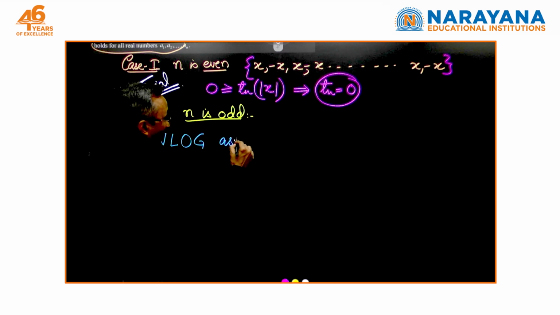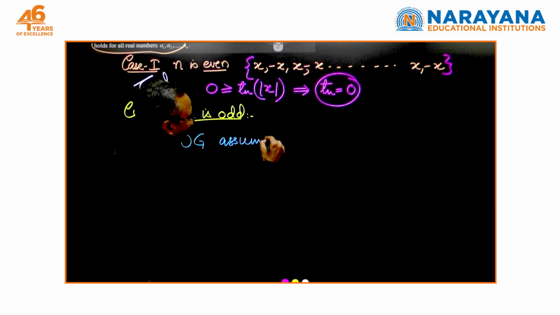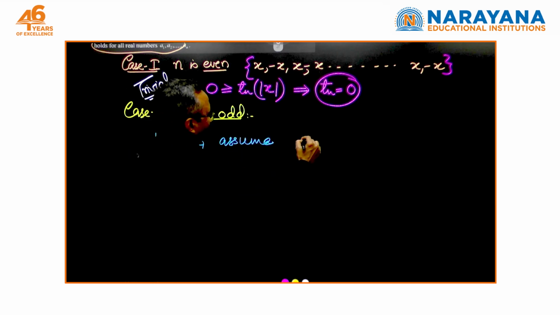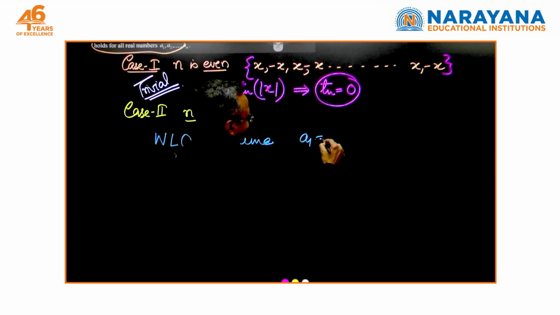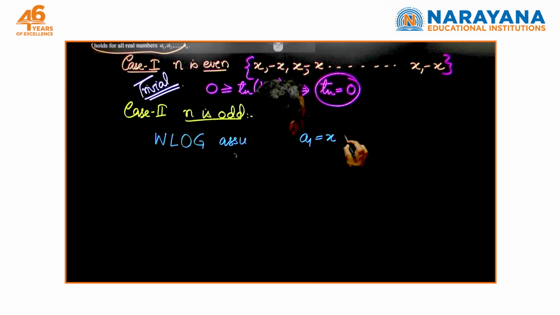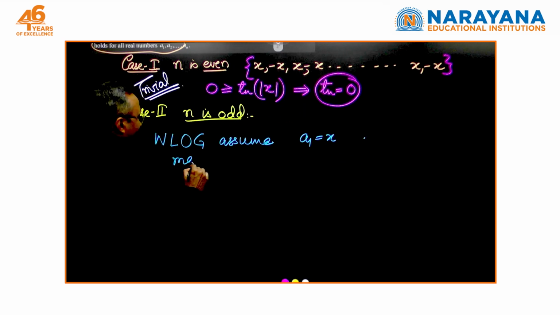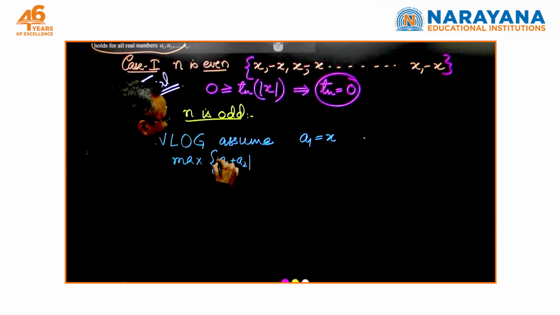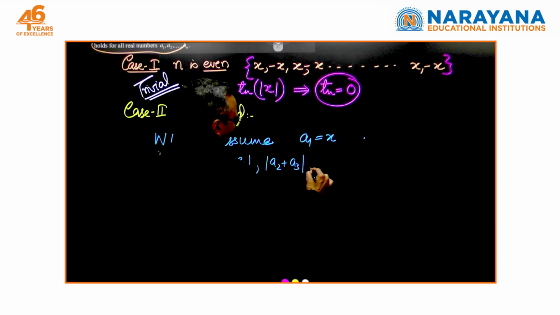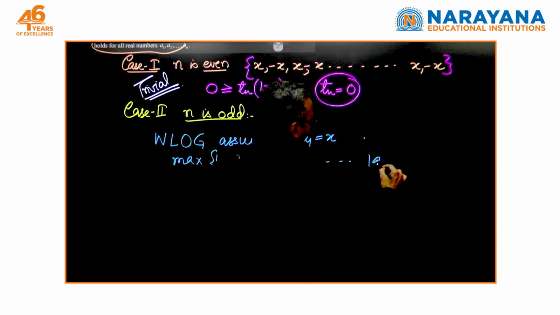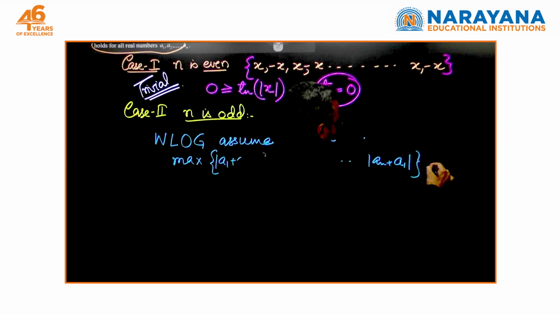Let me assume that a1 is x and the max among |a1 + a2|, |a2 + a3|, ..., |an + a1| is m.